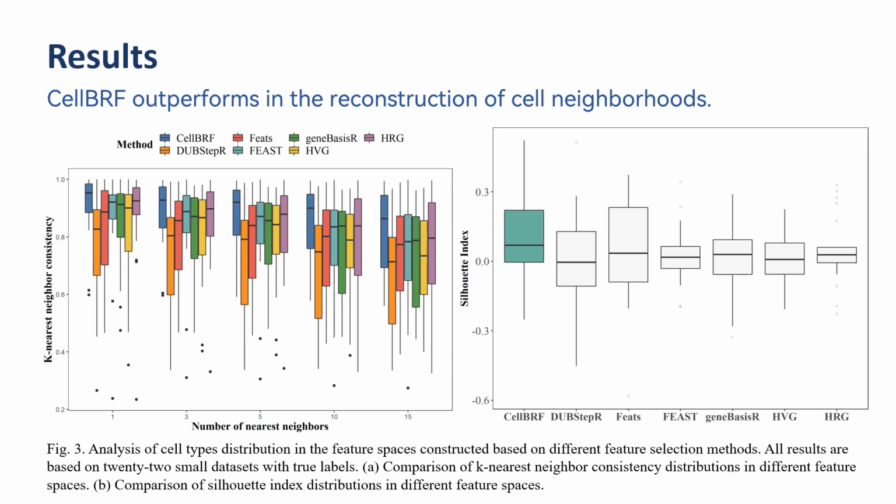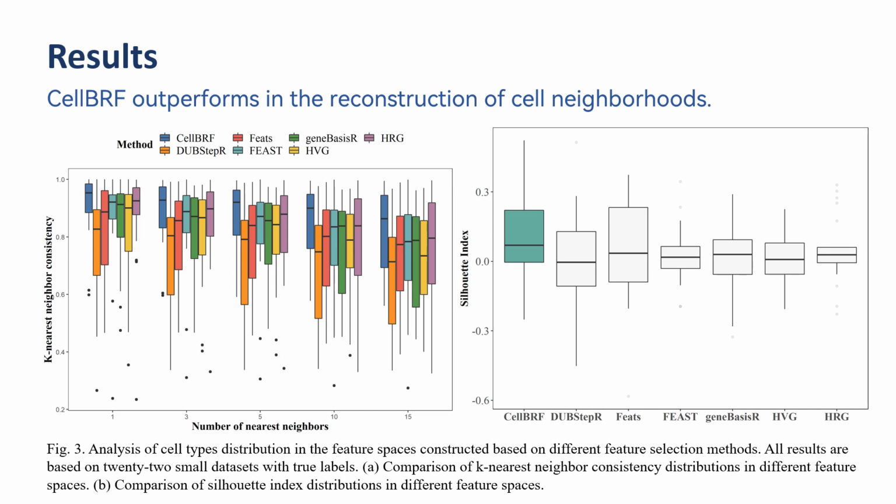If features are well selected, it's expected that in the feature space, the neighbor of each cell can be accurately identified. Based on the known annotated cell type information, we use k-nearest neighbor consistency and silhouette to measure the spatial distribution of different cell types locally and globally in the feature space, respectively.